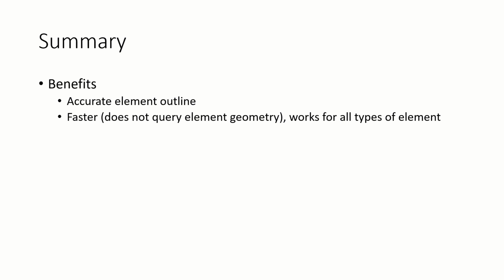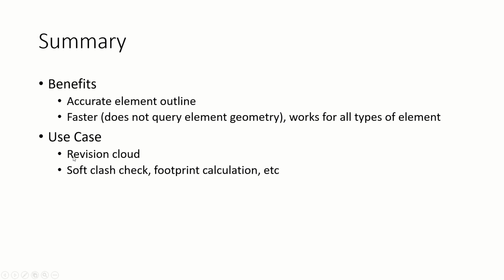You really don't worry about the geometry or any kind of family parameters. It's much faster compared to asking the element for the solid geometry. It can certainly be used to create revision clouds, and I imagine gross footprint calculation and soft clash checks.